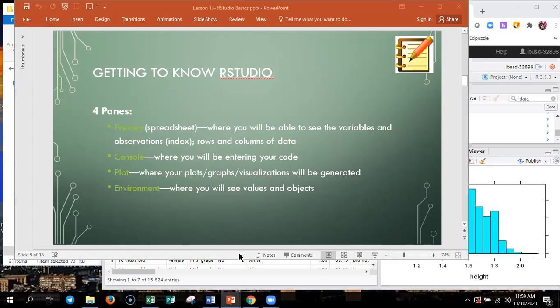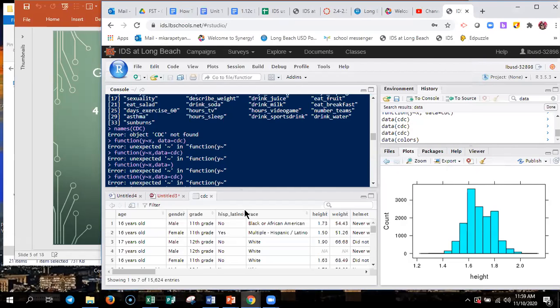All right. So these are the 4 panes that we essentially have in our RStudio screen.